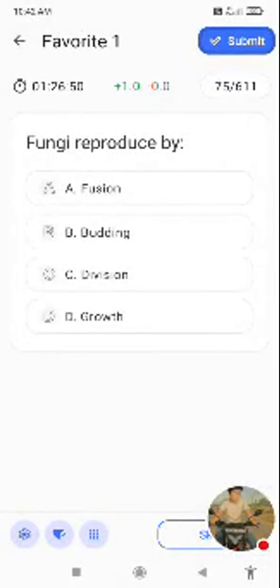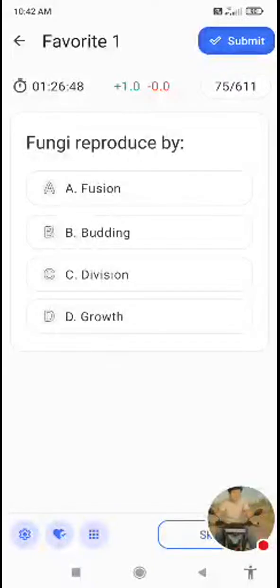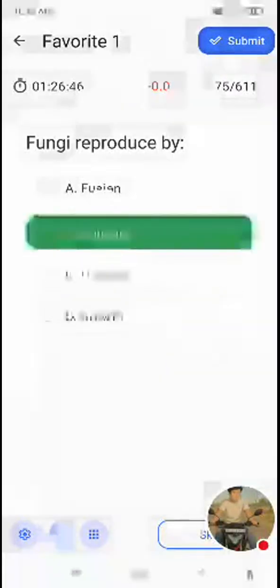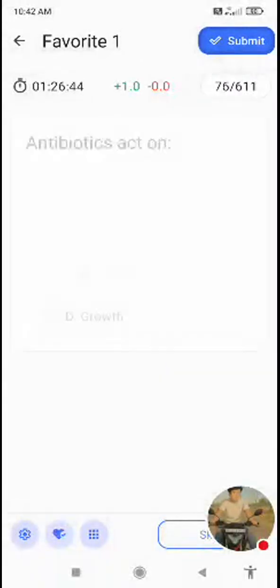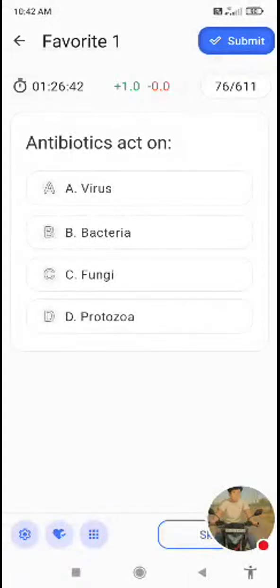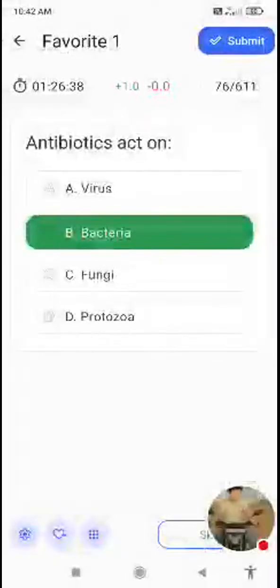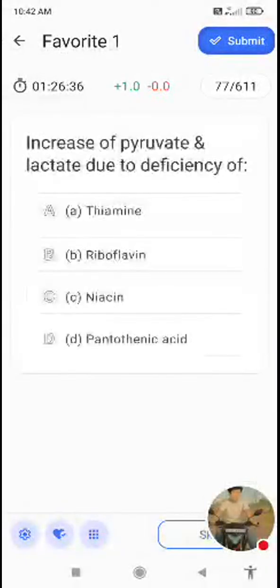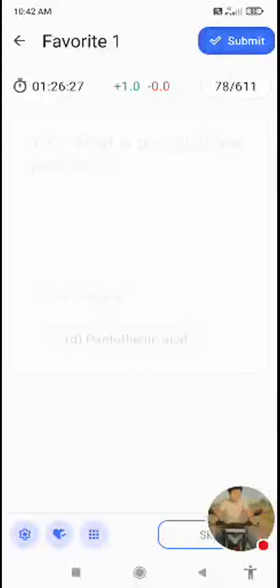Fungi reproduce by, option B, budding. Antibiotic acts on, option B, bacteria. Increase of pyruvate and lactate is due to deficiency of thiamine.